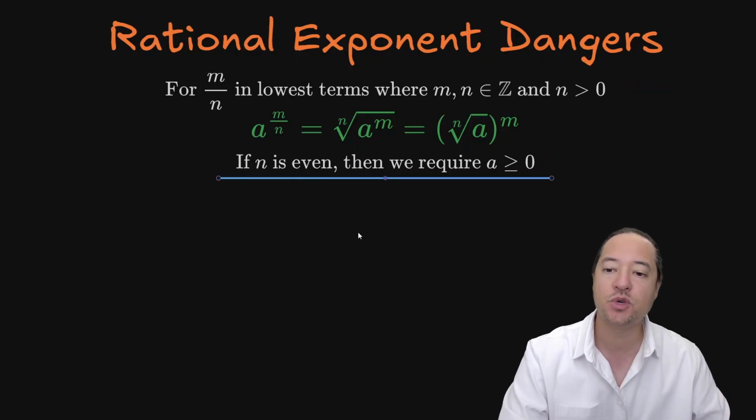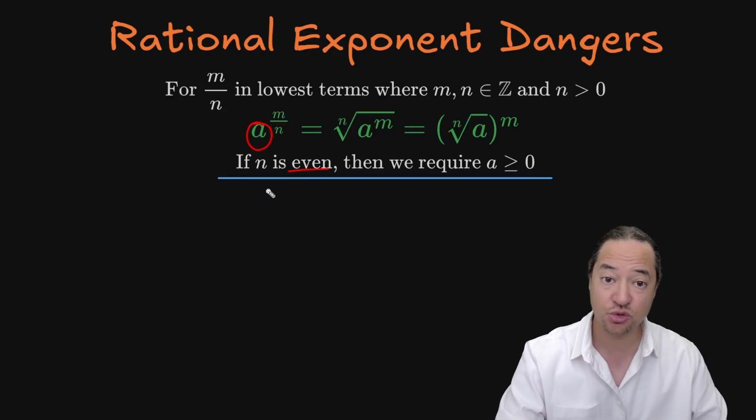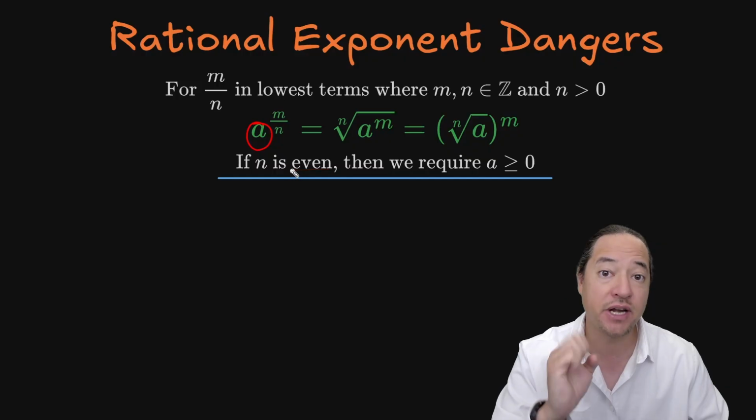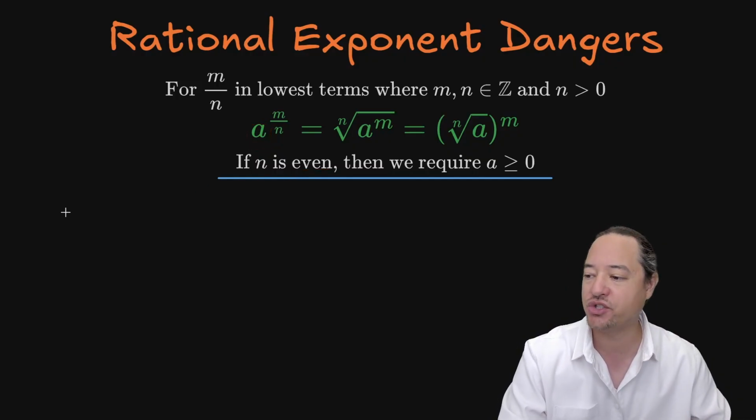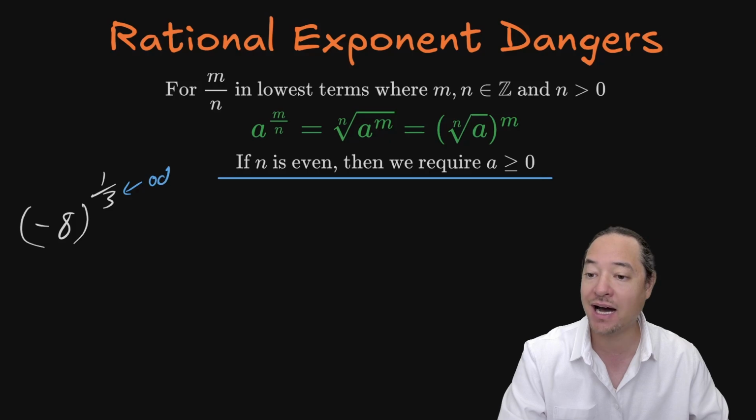So for this bottom one here, we're saying that if the denominator of this rational exponent is even, then we require the base to be not negative, right? It must be greater than or equal to 0. And let's just run through why this must be true. So first, let's take a look at a negative number raised to a rational exponent where the denominator is odd, okay?